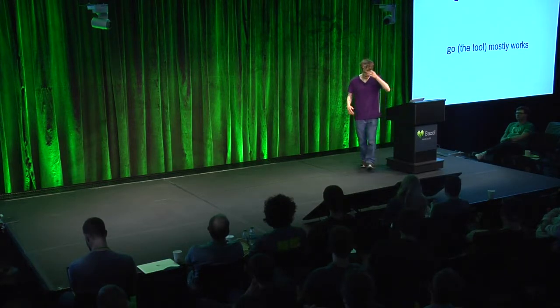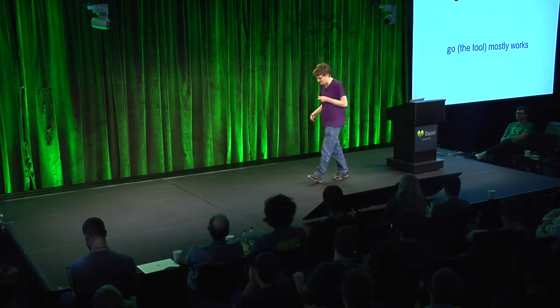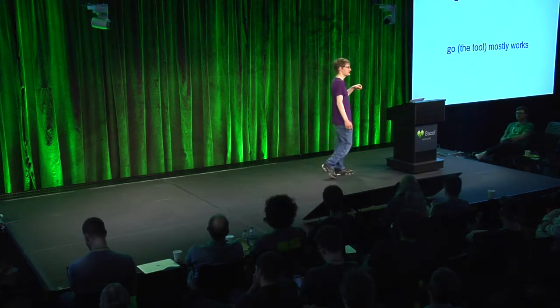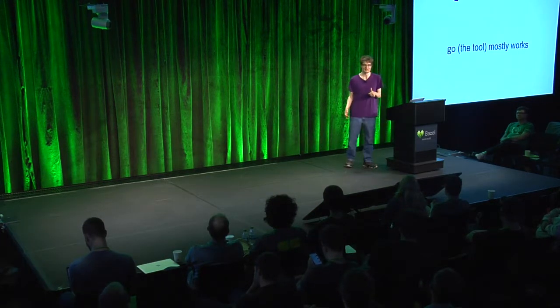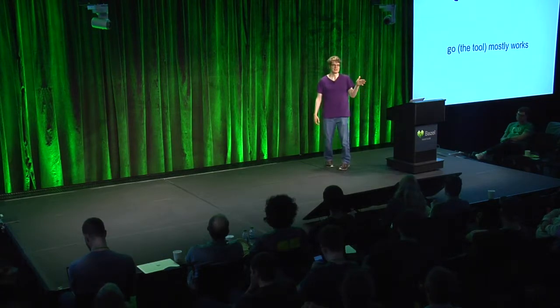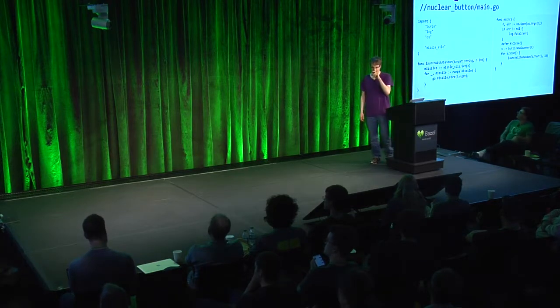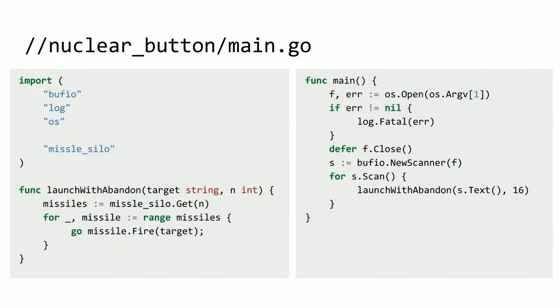So I have a little example of how to generate Go. And since all the cool kids these days are writing their mission-critical applications in Go, I decided to write a nuclear missile launcher in Go. So here it is. We're not actually too interested in the imperative part of my nuclear button. Basically, it opens a targets file, which has a bunch of target cities in it.